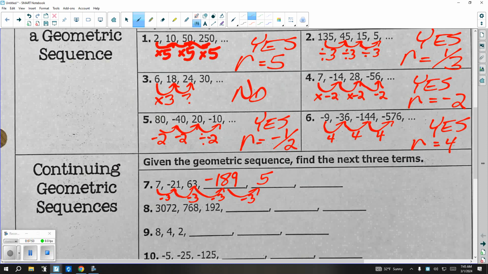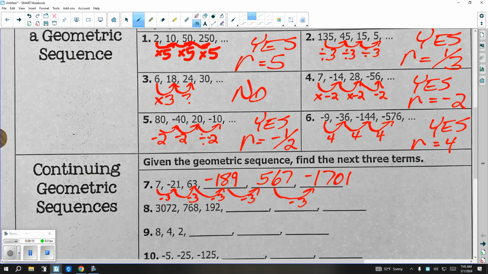I'm going to multiply by -3 and I'm going to get -1701. I just used up all the room there for that one, didn't I? Bummer. Okay, let's go to number 9 because I messed up number 8.